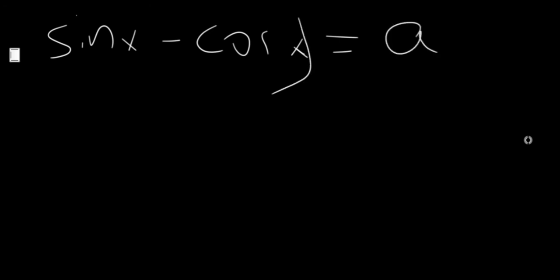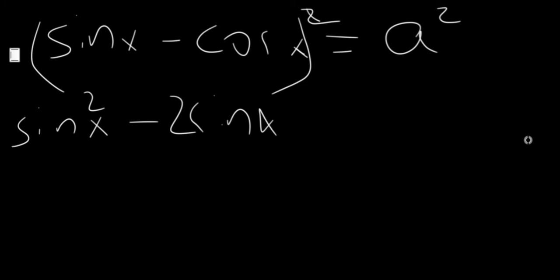So let's do the same: take it squared over here and squared over here. Sine of x squared minus 2 sine of x cosine of x plus cosine of x squared is equal to a squared.